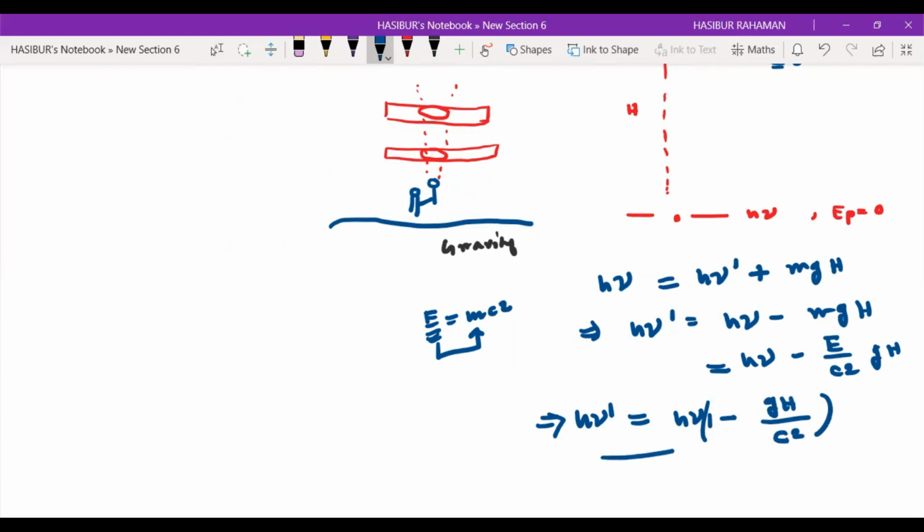So you can see that the final energy, or the frequency nu prime, decreases from the initial energy or initial frequency nu.